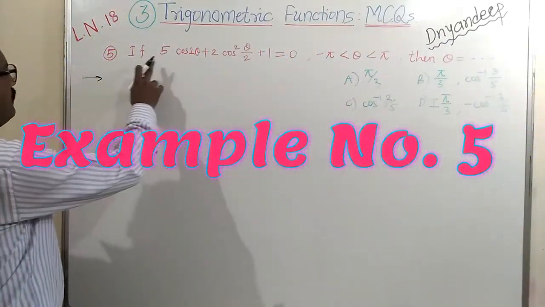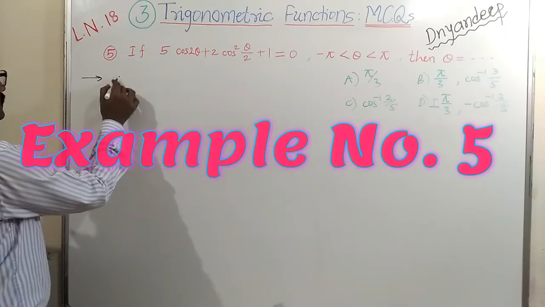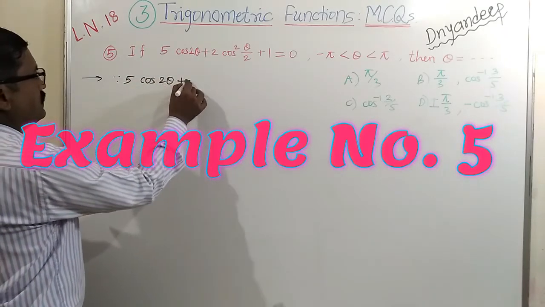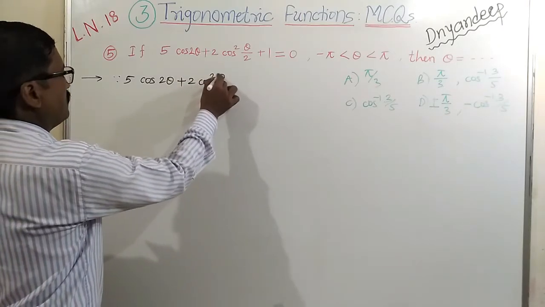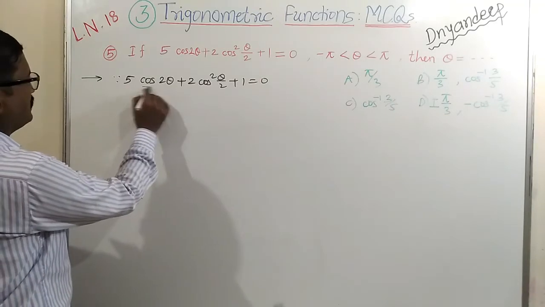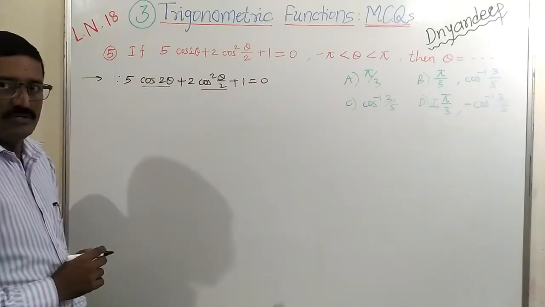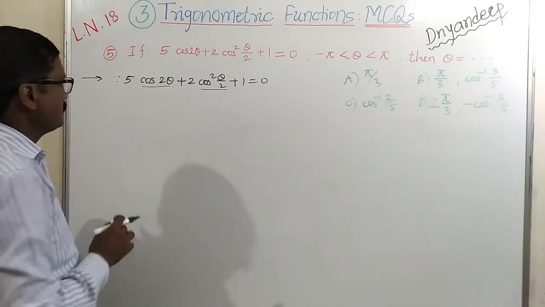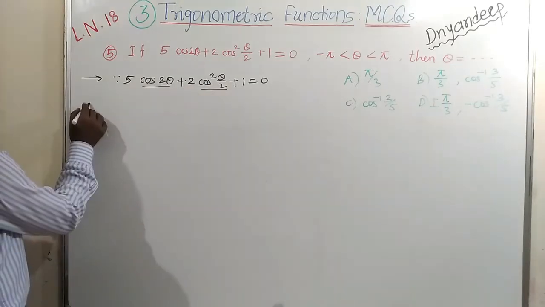Let us see the given part. Here the equation is given: 5 times cos 2 theta plus 2 cos square theta by 2 plus 1 equal to 0. Here double angle is given and here half angle is given. So convert this double into single and half into again single, means double angle form.